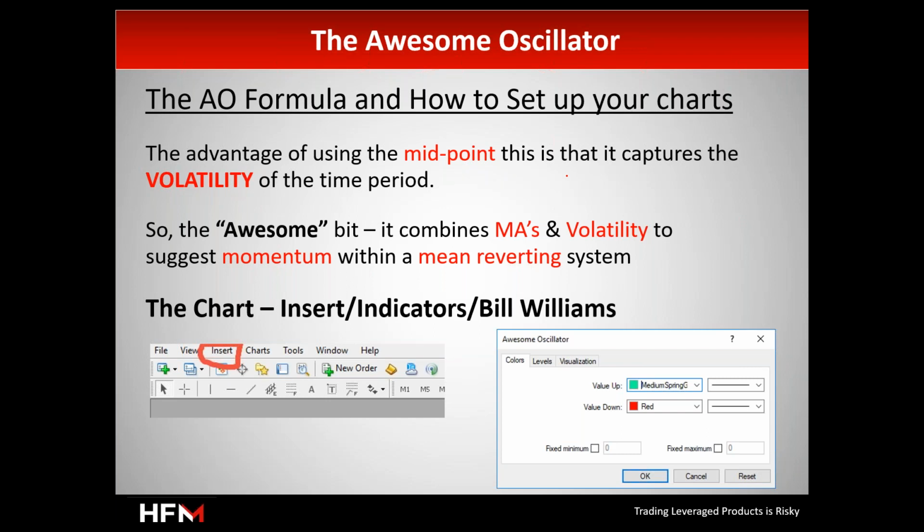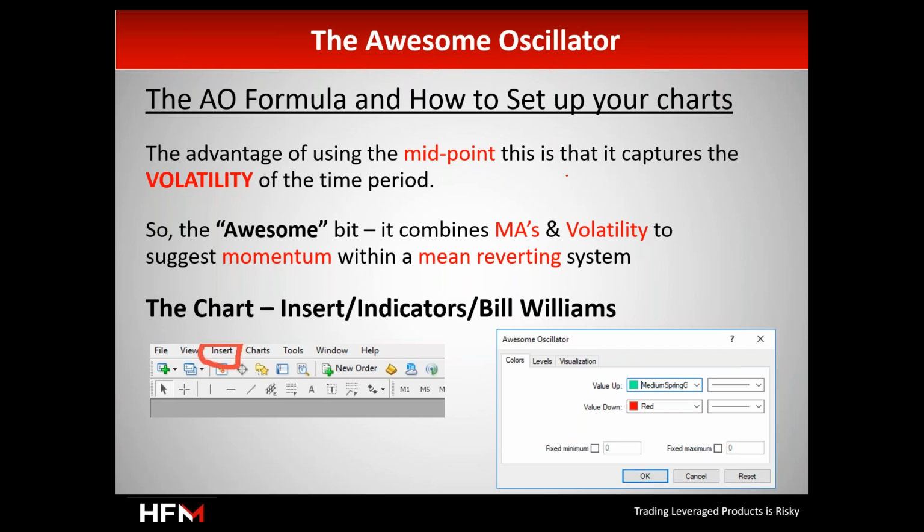But it cannot really stand alone. It's good to combine your Awesome Oscillator either by monitoring the price action or by using an extra indicator, but that's something we're going to see later on.